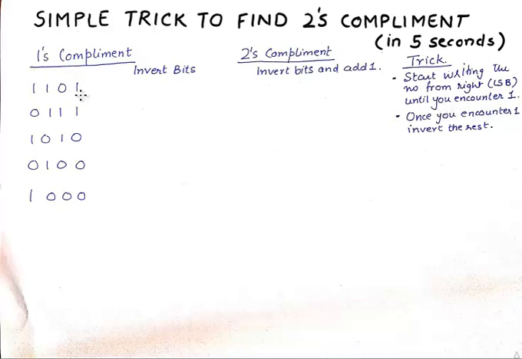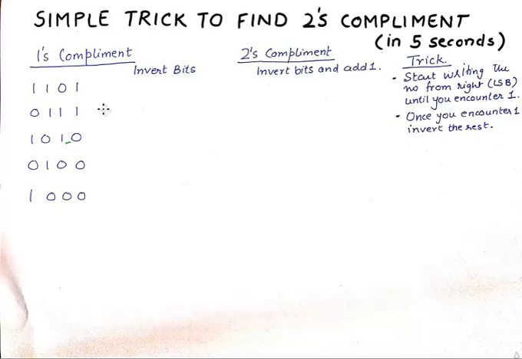So if we start writing the number, we write only 1 because we encountered a 1 in the first position here, we encountered 1 at the second position here, we encountered 1 at the third position, and so on and so forth. And once you encounter a 1, you invert the rest.